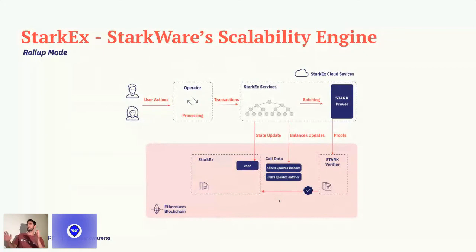So this is very, very fast. The main thing you need to know is that users do transactions off chain when they want to interact with Ethereum. We do a state update, and it is accompanied by a proof.